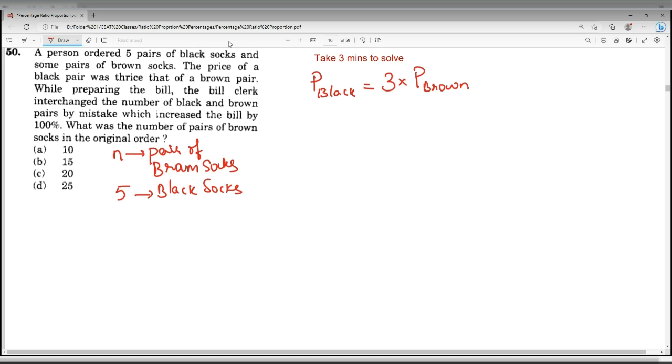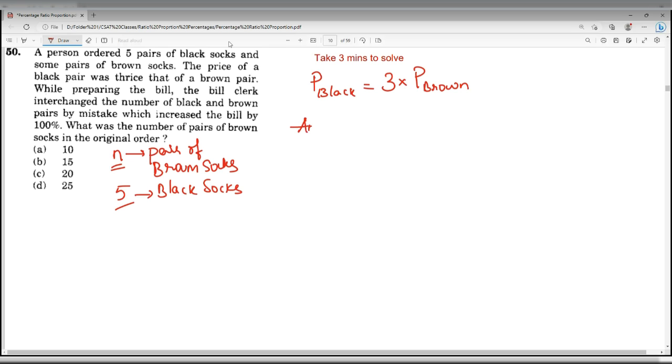Now the original bill should have been the number of brown pairs into the price of brown pairs, and the number of black socks into the price of black. But instead of that, he had interchanged this n and 5, and hence the total bill was increased by 100%. So first we calculate the original amount.